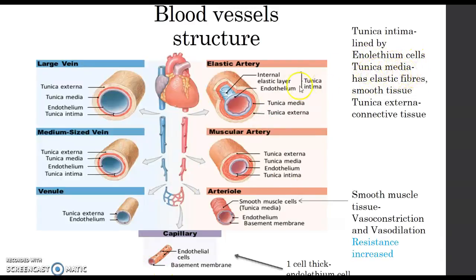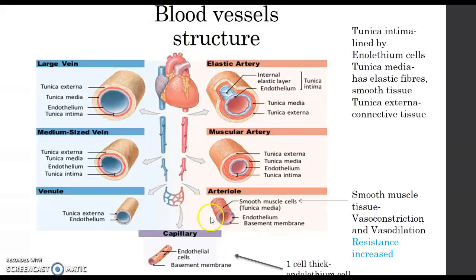Tunica media, which has elastic fibres, so on the arterioles it has smooth muscle tissue on the outside, which allows the muscles to contract, allowing ventricular systole and diastole. As well as this, there's the external layer, which is connective tissue, which allows it to connect to other arteries and things like that.